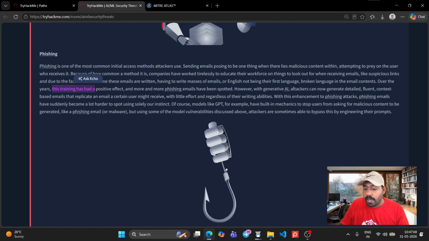However, with generative AI, attackers can now generate detailed, fluent, context-based emails, replicating the emails a certain user might receive, with little effort, regardless of their writing abilities. With the enhancement of phishing attacks, phishing emails have suddenly become a lot harder to spot using solely our instinct.